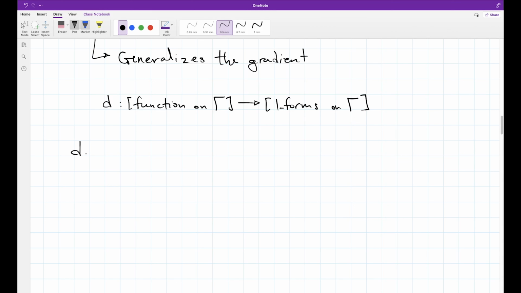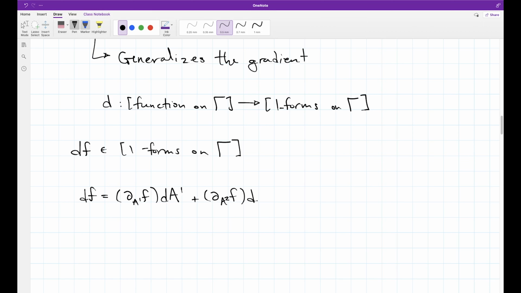Okay, so let's have d act on a function f. I'm going to think that this is a one form. But if it's a one form, then at any point on gamma, it should be expandable in the basis. So how do we expand it in da_1, da_2? The answer is as follows. df is equal to the partial of f with respect to a_1, da_1, plus the partial of f with respect to a_2, da_2.